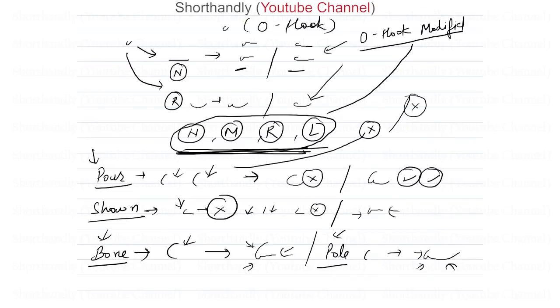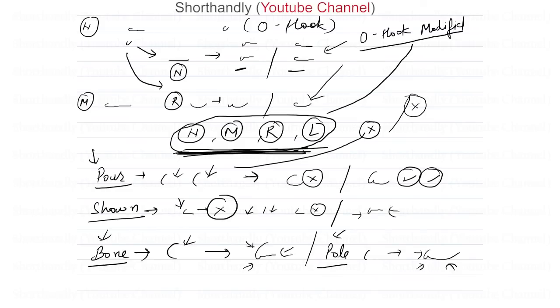Alright, so once again, let's make this O hook modified with all these characters N, M, R, and L. With the N, we can simply make it like this. With the M, we can simply make it like this.